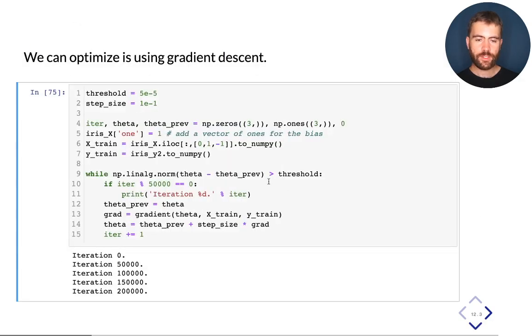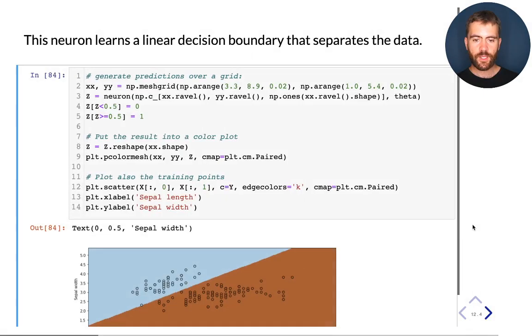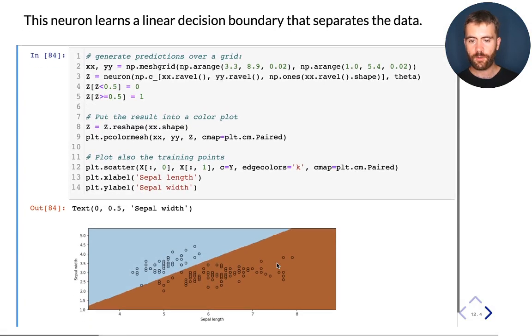And now gradient descent is again only a few lines of code. Here we run it for a number of iterations, and the end result is a linear boundary that separates the data, which is what you would expect from a model that has the same functional form as logistic regression.